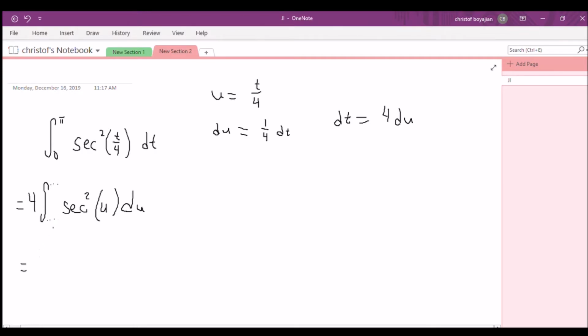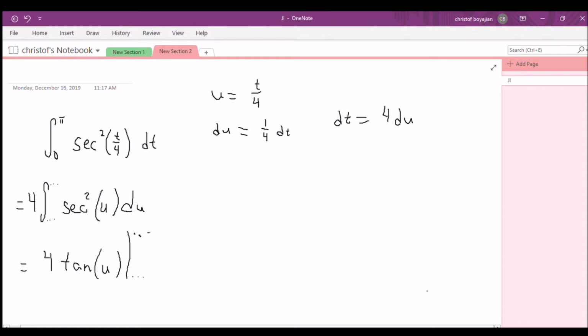All right, so what is the integral of secant squared? Well, we have 4 here, our constant. If you remember, the derivative of tangent is secant squared. So the antiderivative of secant squared is the opposite of taking the derivative of tangent, so this is going to be tangent of u, evaluated at our bounds in terms of u.